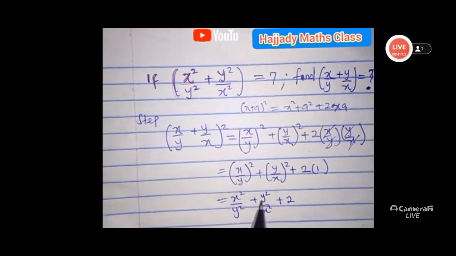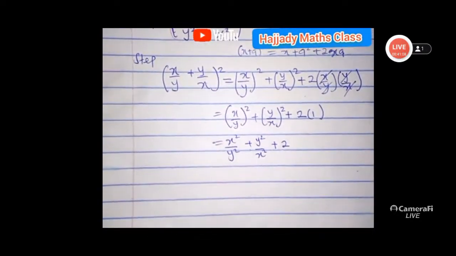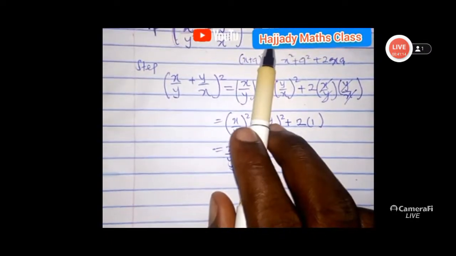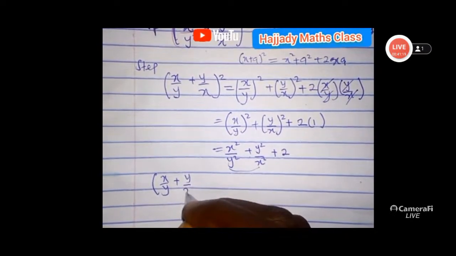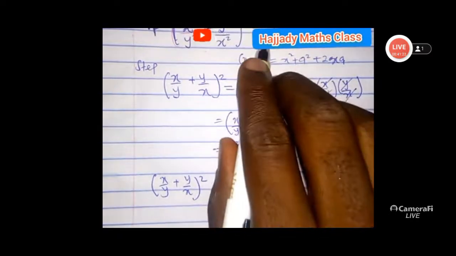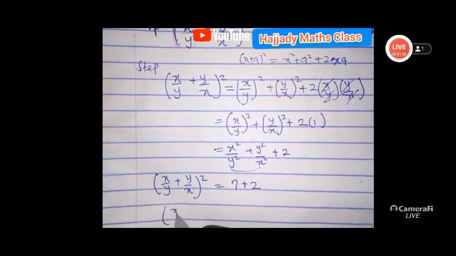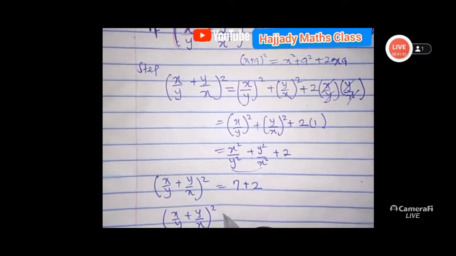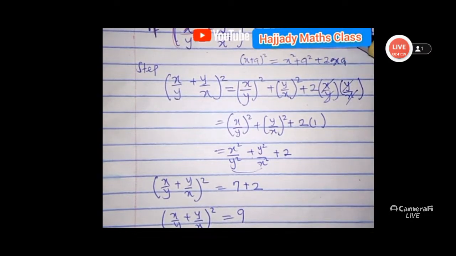Now, this is the same as the first equation given to us up here. So mathematically speaking, you will agree with me that this is the same as 7, as given. So by substituting this, we are going to have 7 plus 2. So our x over y plus y over x all squared gives 9. And from the question, we are looking for x over y plus y over x. So the next thing for us to do is to what?